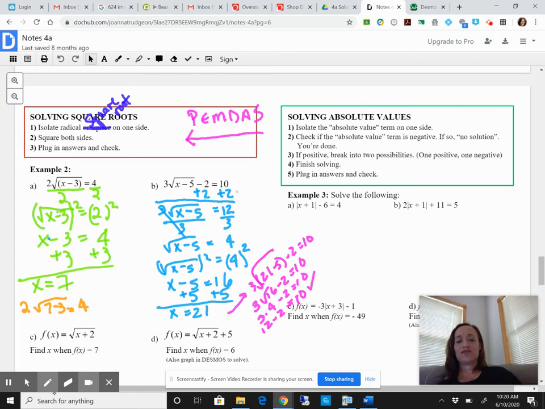That's why I added 2 first. Then I divide by 3, which is the multiplication and division step. And then you can move on to the exponents, which I don't have in this one. I had a square root, but you kind of work backwards. So you should get 21. And then when I checked it, I got that 10 equals 10. So I got that correct. All right, moving on.